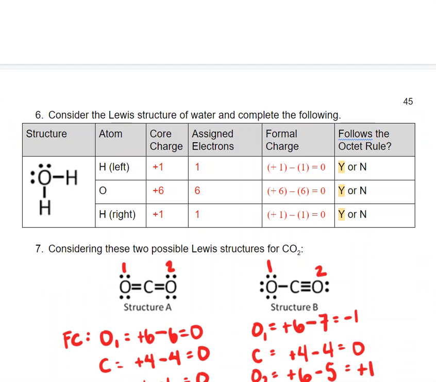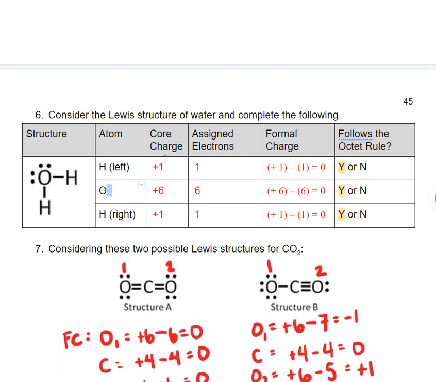Here I'm going to calculate the formal charge for water. This is the best Lewis structure for water, but we're going to go ahead and calculate formal charge. For the hydrogens, the core charge is plus 1, and each hydrogen here just has this single bond. So we're going to divide those two electrons: one of them will go to the oxygen and one of them will go to the hydrogen.